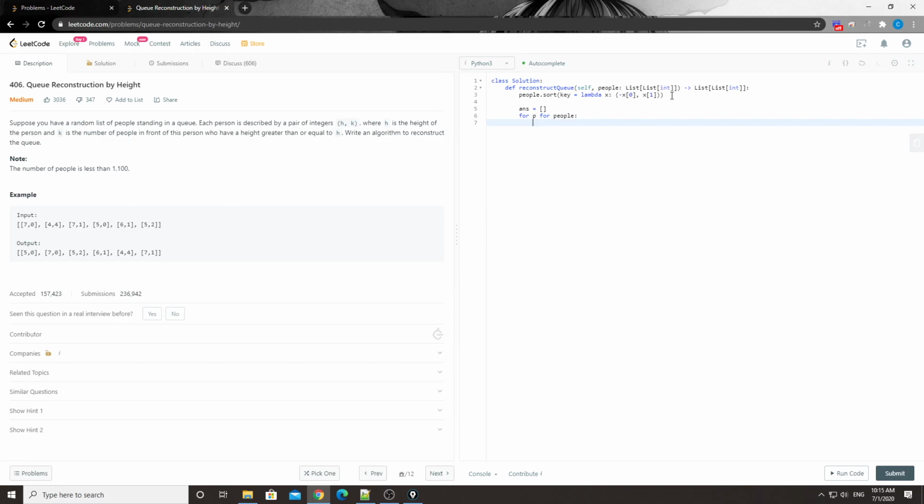We just simply do an insert, right? Since we already sorted everything, we just need to insert at the position. So what's the position? The position will be p[1], and the value will be p.